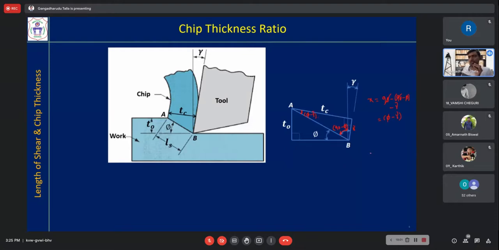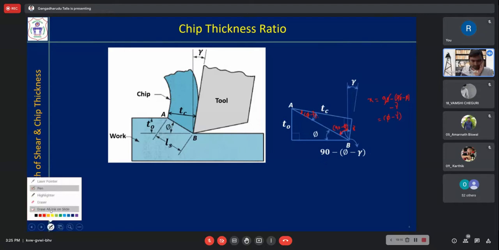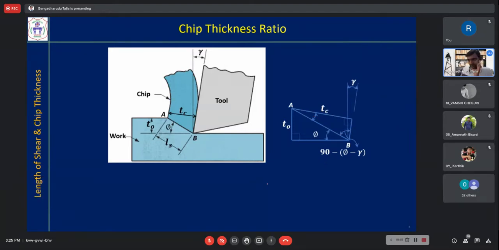Now our intention is to get the ratio between T0 and TC. Now how do you get that? The same angles I have written are shown there. Here the total angle is 90 minus phi plus gamma, or it will be phi minus gamma if you take it inside the bracket. That is okay.